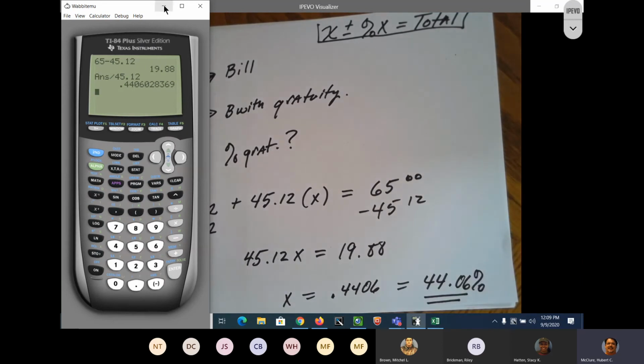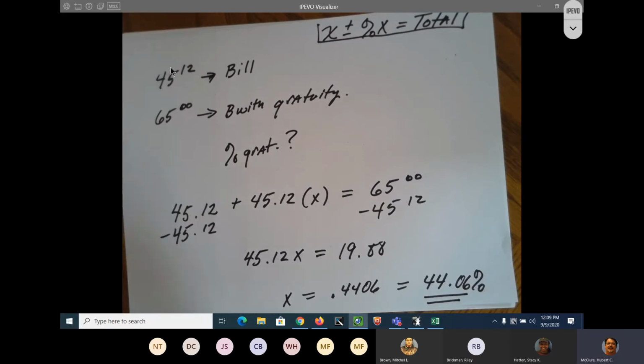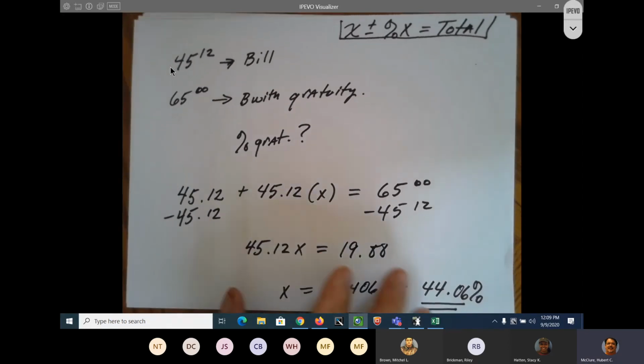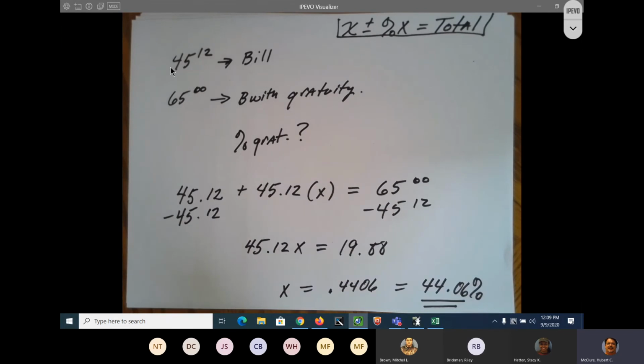So what would you say to that? Well, all the waitresses and waiters and former waitresses and waiters would say there's nothing wrong with that. My daughter was a waitress at the Galley before it shut down and renovated and COVID and all that. And she would say there's nothing wrong with a 44% gratuity. And there's nothing wrong with a good gratuity if the waiter or waitress doesn't suck.